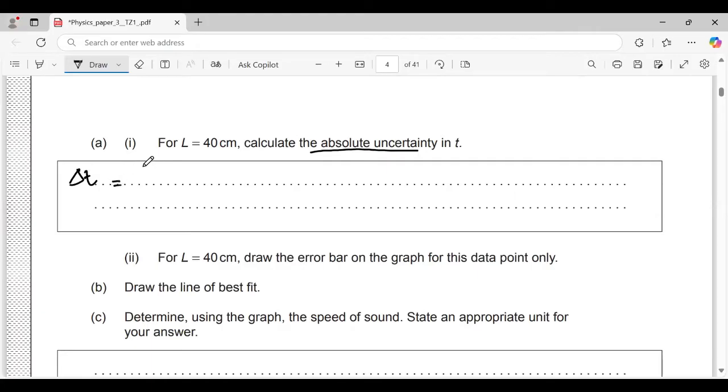Delta t equals 9%, the percentage uncertainty in t, over 100, multiplied by the measured value. We are going to find the measured value when L equals 40.